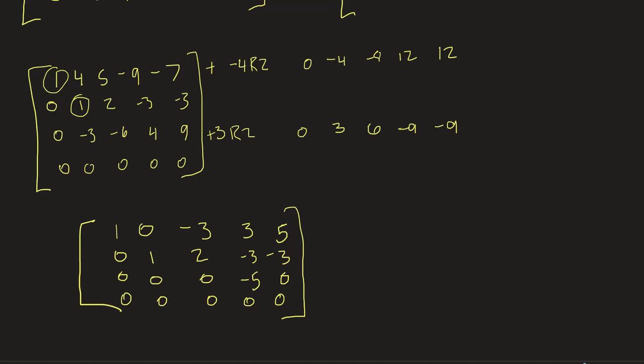Okay, so now I have my next pivot right here, and all I need to do is multiply or divide this one by negative 5.